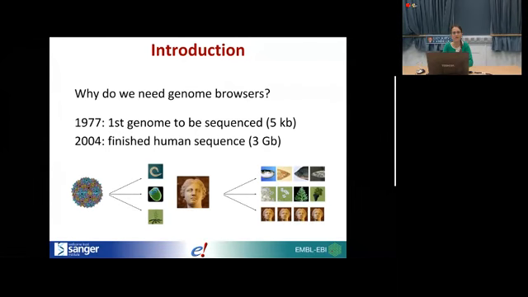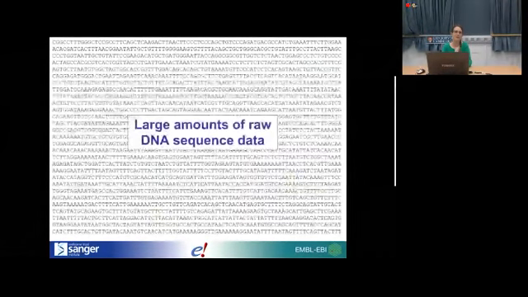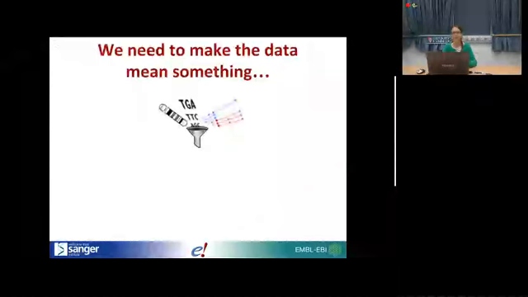We've gone from 10 years to produce the human genome sequence back at the beginning of the century to now producing human genome sequences in less than a week. And we're producing just vast amounts of sequence data, which in itself is absolutely meaningless. You have to process it, and you have to turn it into something that biologists can actually use, which is what we're aiming to do.